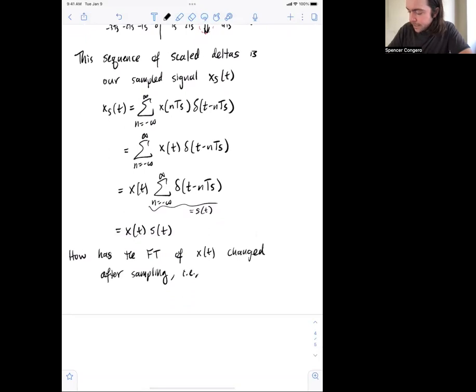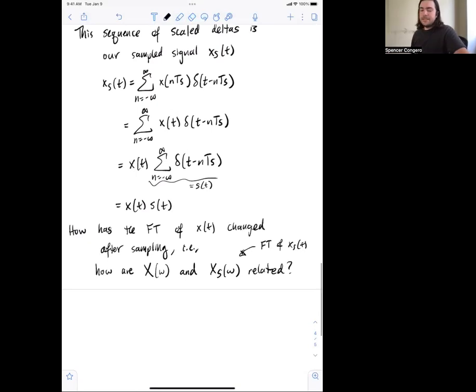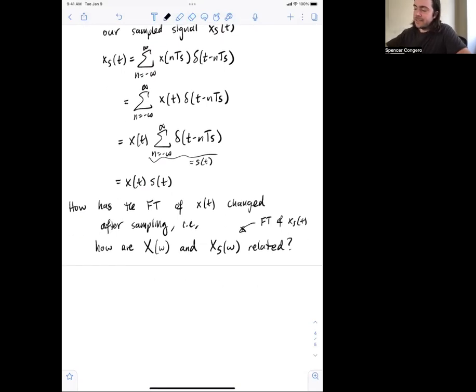I.e., the big question is, how are x of omega, the Fourier transform of x of t, and x of s of omega related? Okay, is there a way to understand their relationship? And of course, this is just the Fourier transform of our sampled signal. So is there a way to understand how x of omega and x of s of omega are related? And it turns out there is.